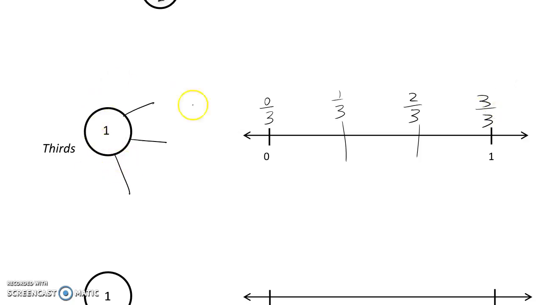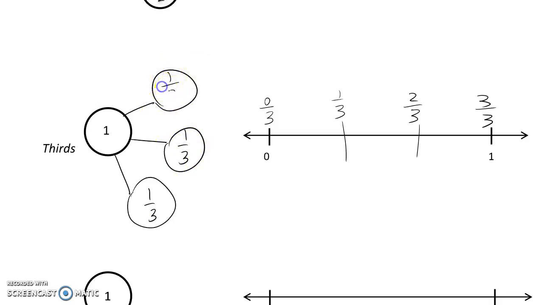When we show that over here as a number bond, though, we just show each one as 1 third, the unit fractions. Okay, so this is one section of the number line here. This is another section here. This is the third section here. So when you put all these together, they make the whole, or this whole distance from 0 to 1.